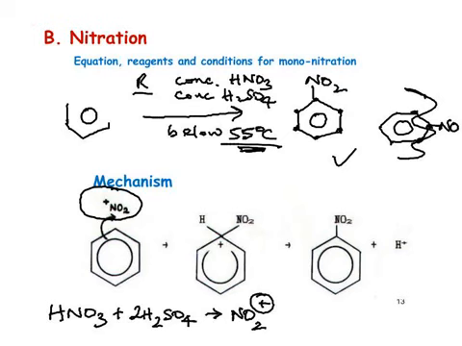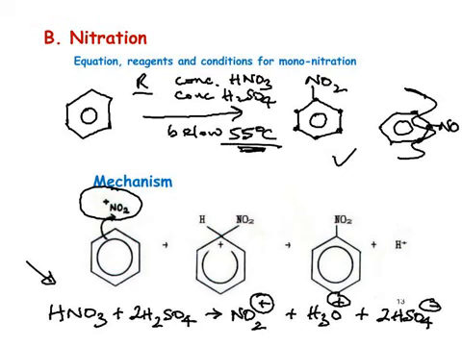Organic chemists quite often circle the charges, plus H3O plus, 2HSO4 minus. The sulfuric acid has two roles in this reaction. It acts as a solvent for the reactants being the nitric acid and the benzene, and it also acts in this particular role we see here, reacting with the nitric acid to generate the nitronium ion.